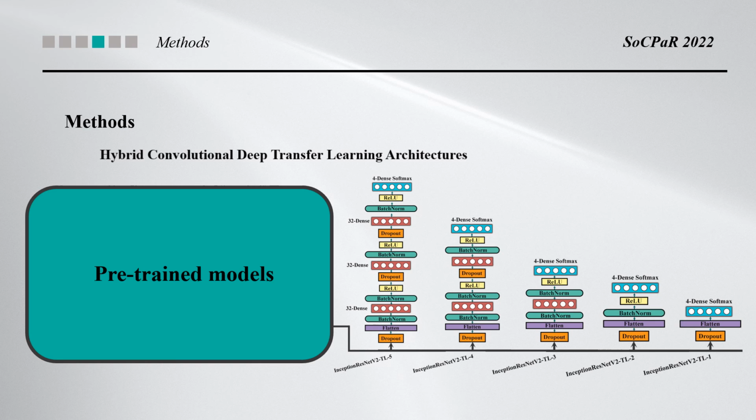In the second architecture, we add batch normalization and a ReLU activation function. In the third architecture, we add an additional batch normalization and fully connected layer. In the fourth architecture, we add a batch normalization, dropout, and fully connected layer. And finally, in the last architecture, we add another batch normalization, dropout, and fully connected layer to our networks.